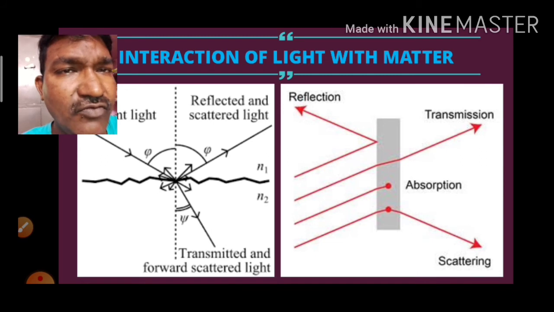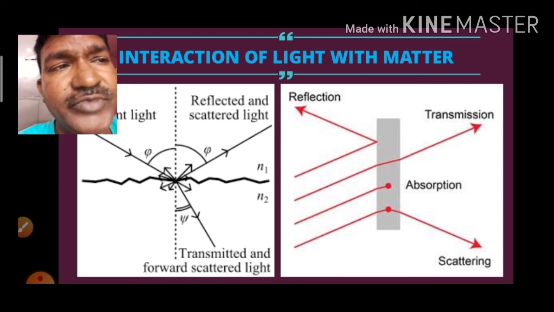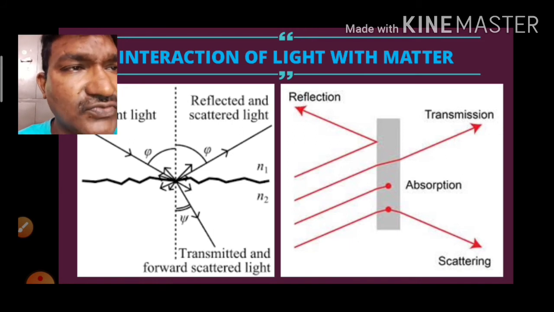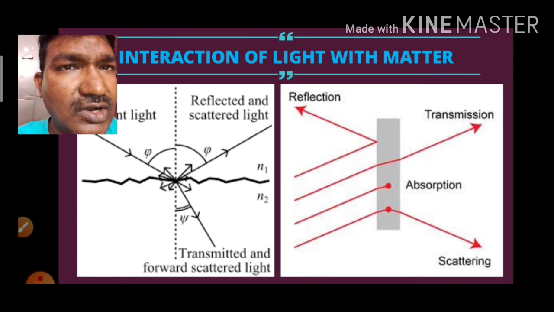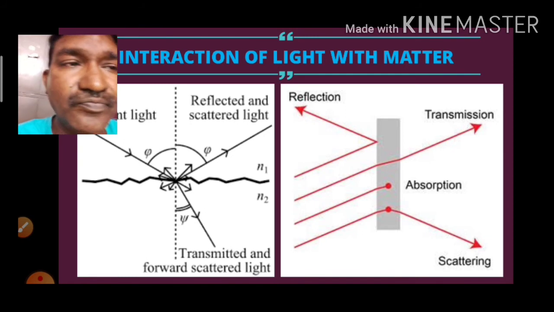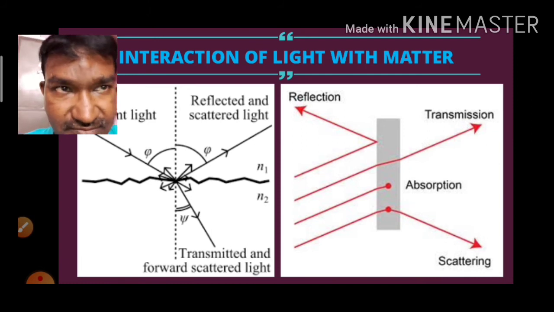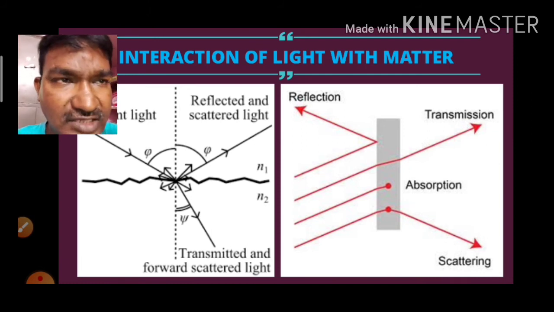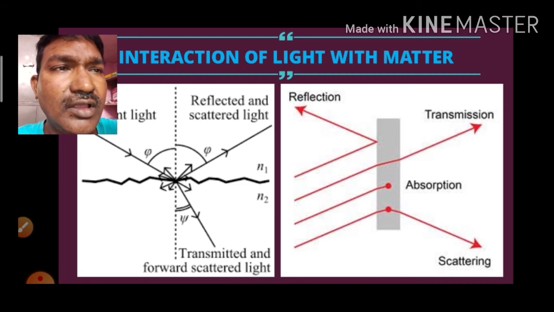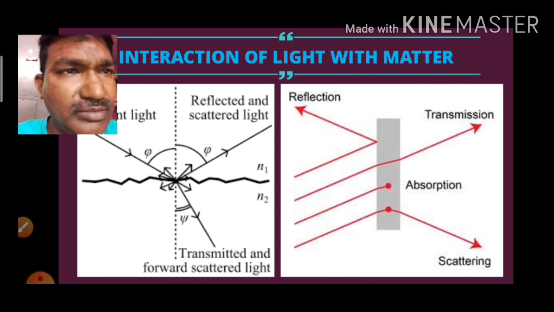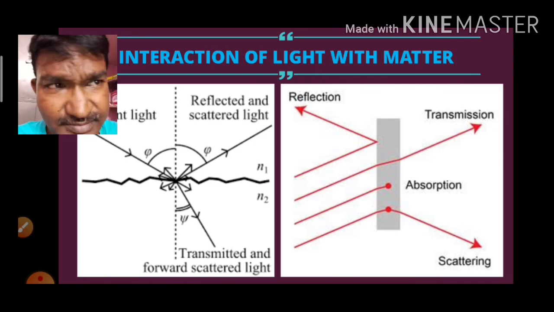That means when a certain amount of light is incident on the objects, some portion of it is transmitted through the other parts of the body, and some portion of that light may be absorbed by the object, and some portion may be reflected. Here there is a possibility of three phenomena, but sometimes only one of them may occur.